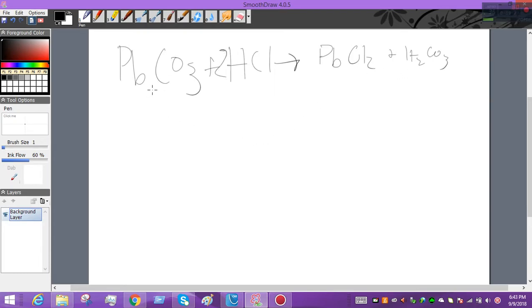So we know that these will stay solid. It's PbCO3 solid plus 2H+ aqueous plus 2Cl- aqueous gives PbCl2 solid plus H2CO3, and presumably this would be aqueous.